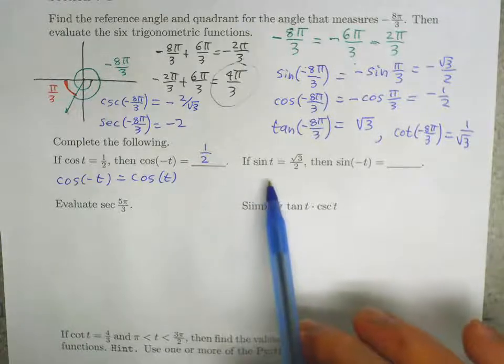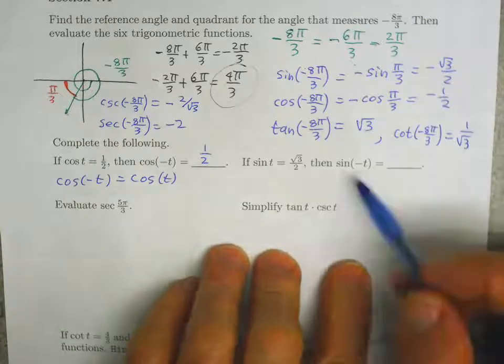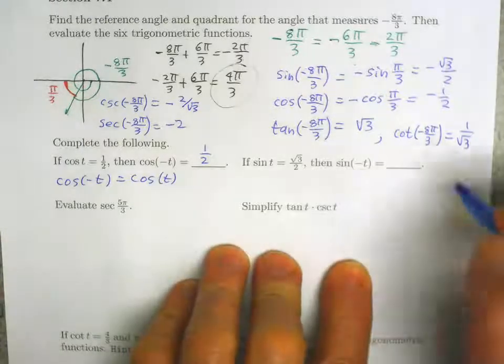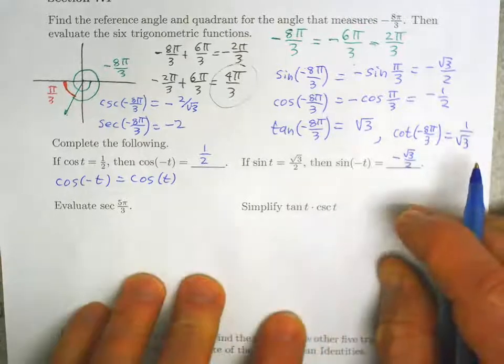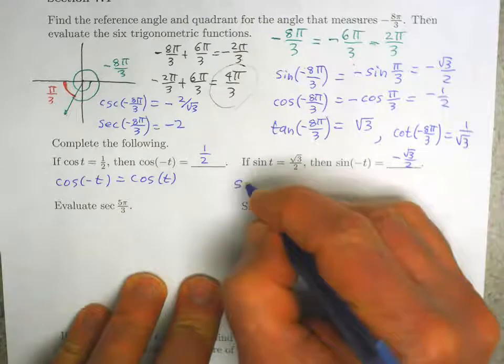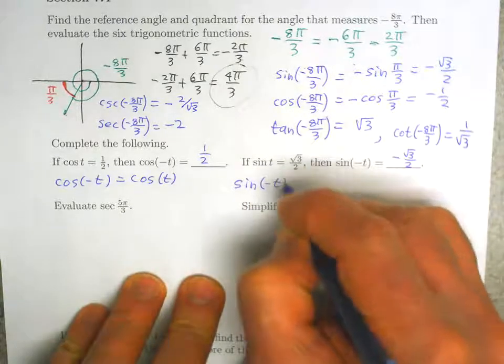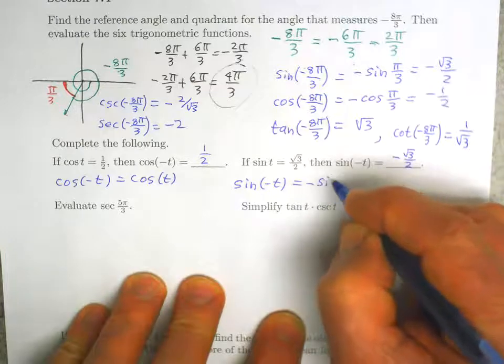If sine of t equals the square root of 3 over 2, then sine of negative t is equal to negative square root of 3 over 2. This is because sine is an odd function. Sine of negative t equals the negative of sine of t.